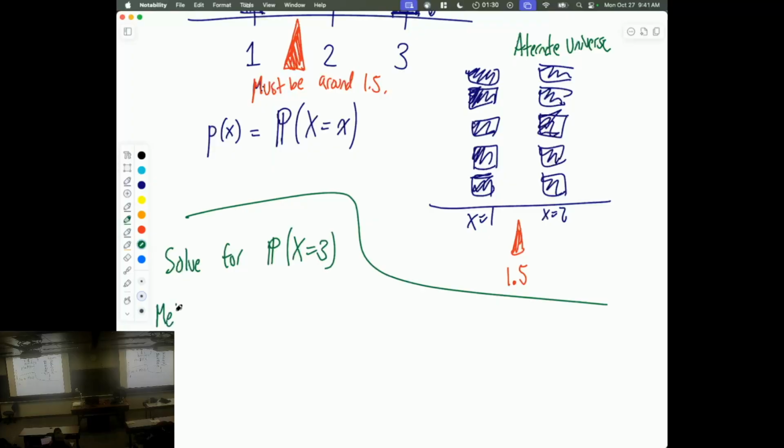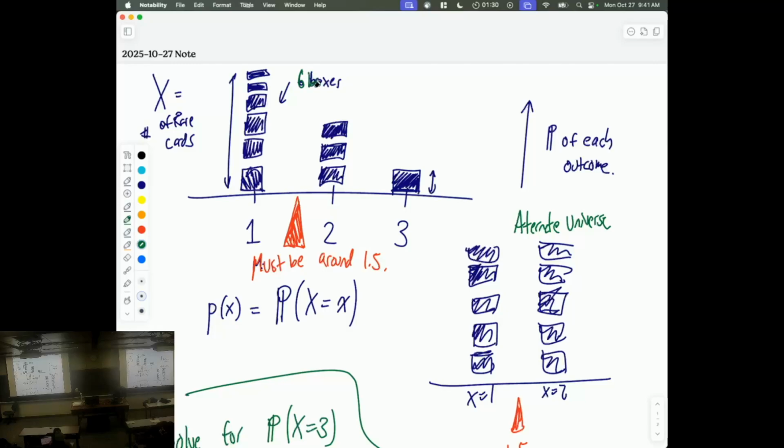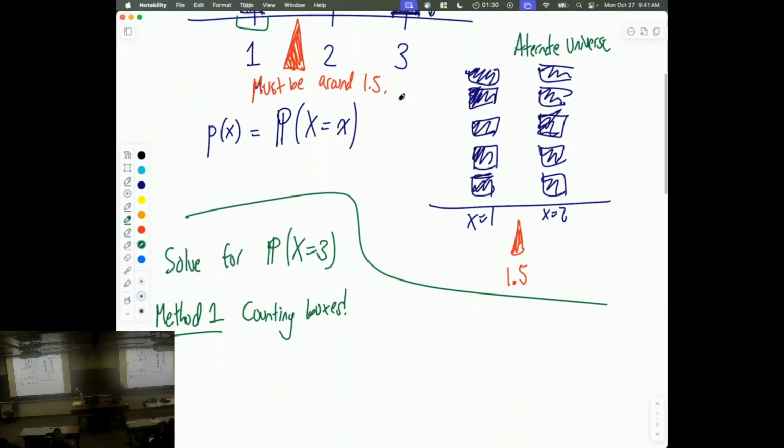And I'm going to do method 1, which is like the baby method of counting boxes. In this case, there were 6 boxes over here, right? Because group 1 was 6 times bigger than this, and there's 1 box over here, and there's 3 boxes over here. And therefore, there are 10 total boxes.